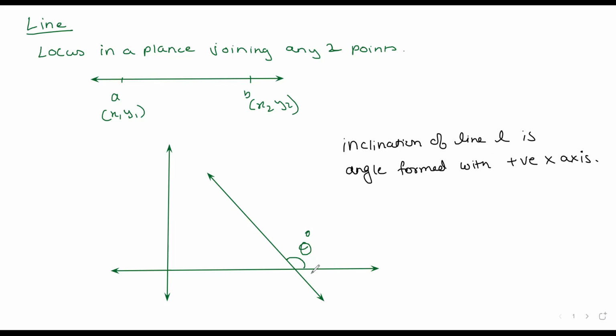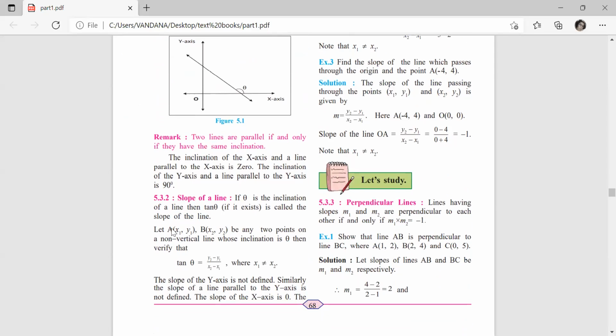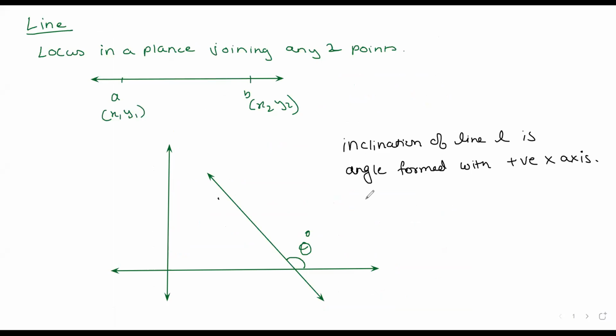And this also defines the slope of the line. Slope म्हणजे उतार. It also defines slope of the line. Slope of line is tan theta.